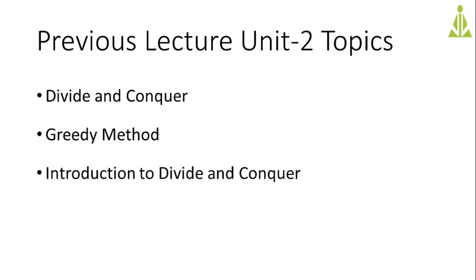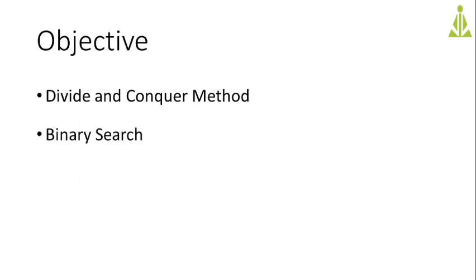We saw the introduction to divide and conquer, the dividing and merging technique for solving a problem. Today we will see the divide and conquer method, and with its help we will do the binary search.